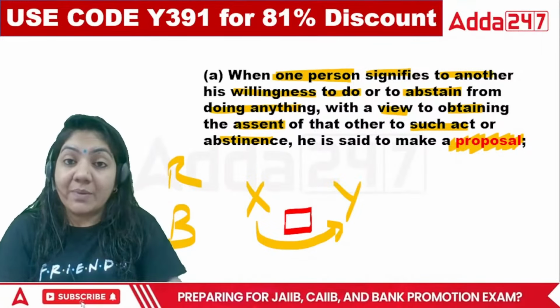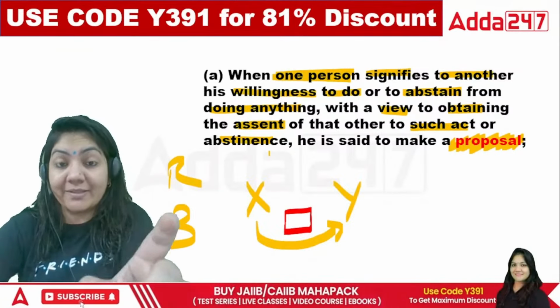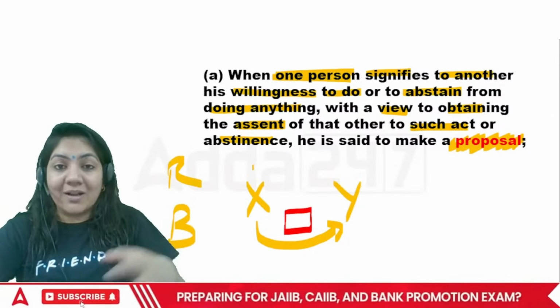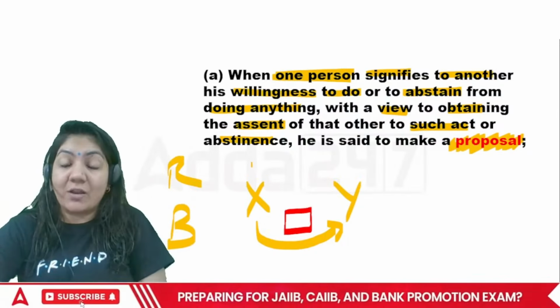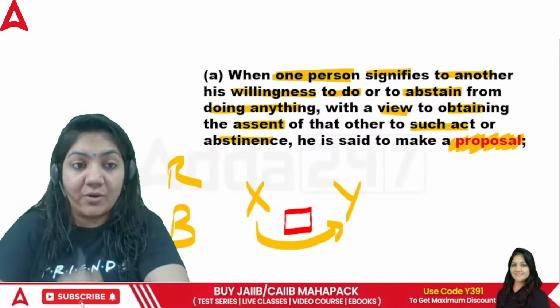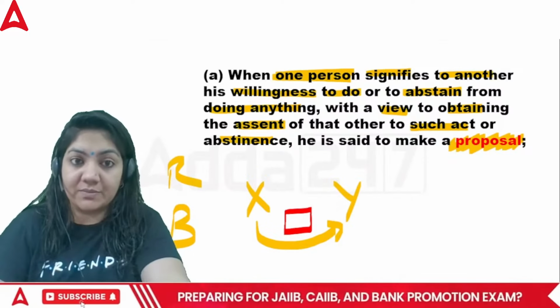So you have to tick mark the exact word for this definition. That's why this definition portion is important. No need to mug up the things, but try to understand the explanation used in the particular term. So this is the exact explanation of the term proposal.